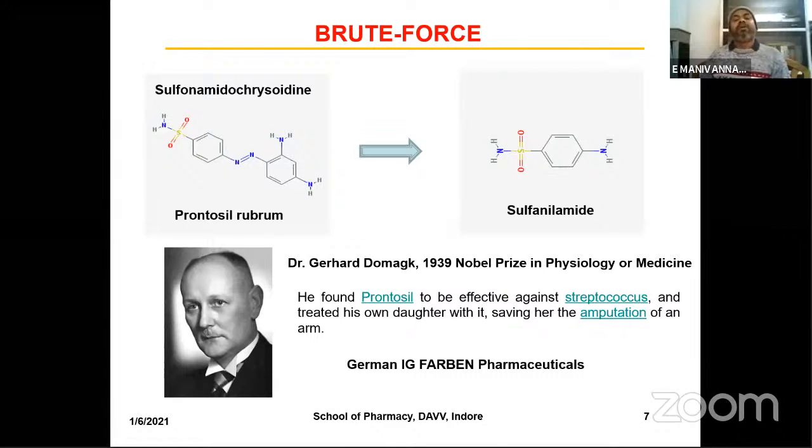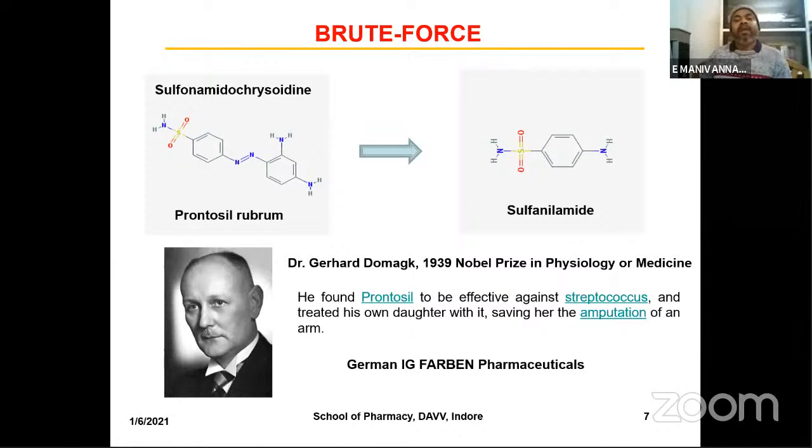Through this they identified the prontosil rubrum dye substance as an antimicrobial agent that led to a separate category, sulfanilamide, and from that sulfanilamide, so many sulfa drugs were synthesized and they all became highly active antimicrobial agents used to treat a variety of infections.